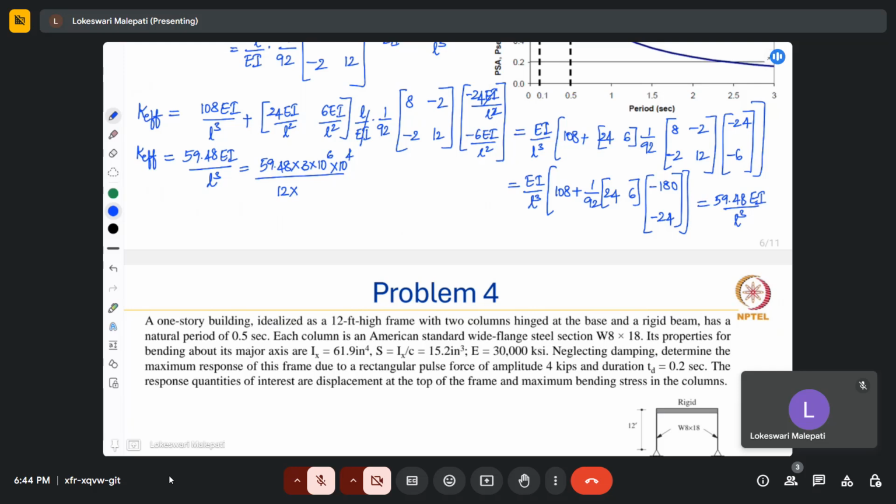So we need to convert this feet to inches because all the units of length are in inches. So we have 24 feet and 1 feet is 12 inches.